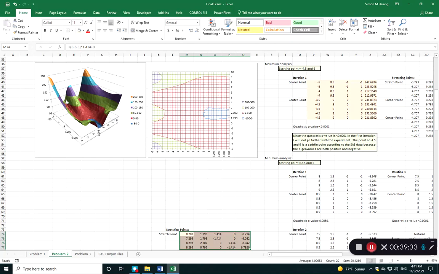Yeah? Okay. So for the review so far, I just want to make sure everybody can find a starting point, find the four corners, do the iterations, and then do the stretching point and see if it's okay. We all have the same toolbox. That's all I want to guarantee.